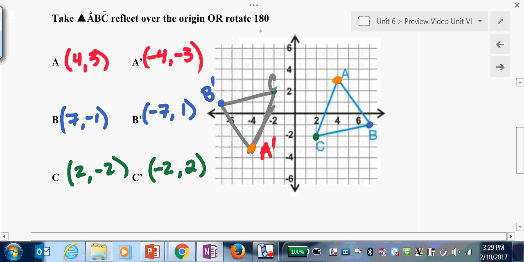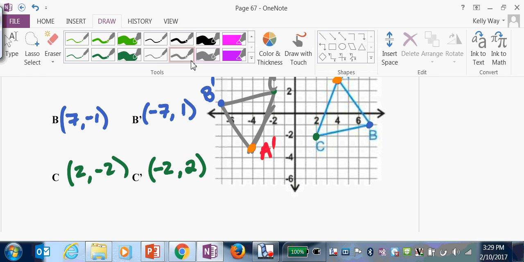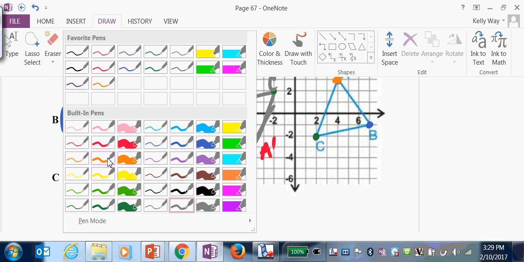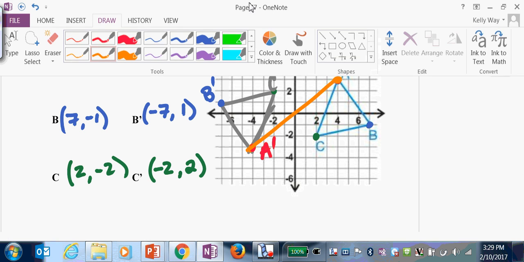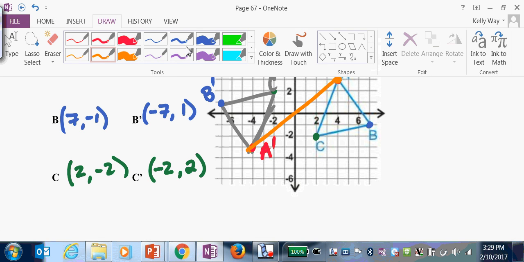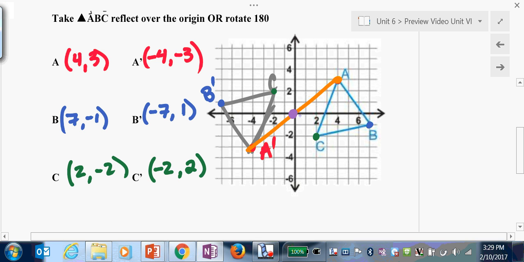All right, and now using a straight edge, let's draw a line from A to A. If you've done this correctly, you've gone smack across the origin, which is 0, 0.